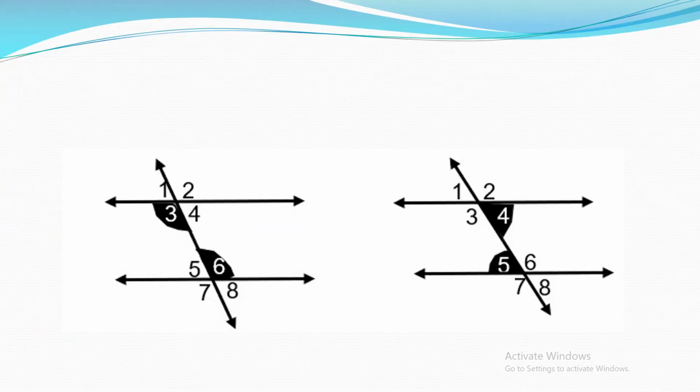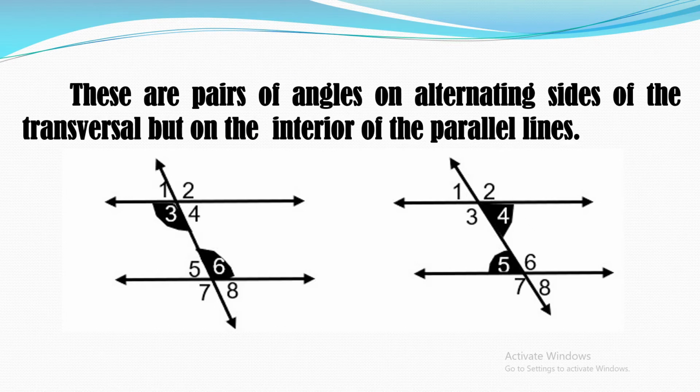Next, we have these two figures. What can you notice about the marked pairs of angles? Very good. They are pairs of angles on alternating sides of the transversal but on the interior of the parallel lines. So on this first figure, we have angles 3 and 6.